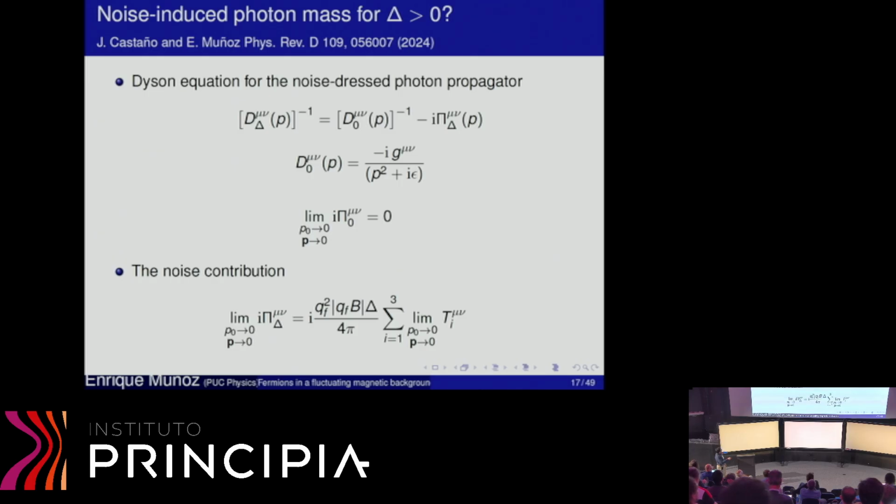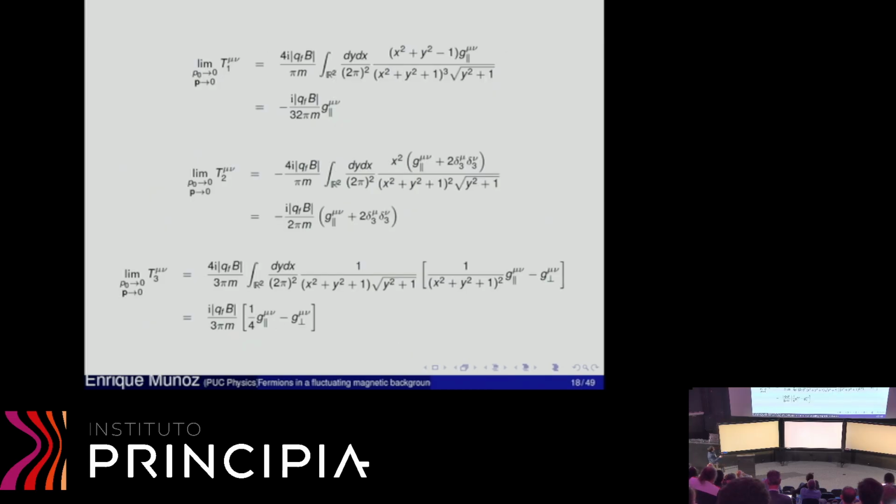Of course, the noiseless part doesn't have a pole because photons do not have mass, but the noise part will have a contribution that depends on the limit of these 3 tensor structures. And indeed, these 3 tensor structures lead to finite contributions when we take those limits, which can be calculated and computed analytically.